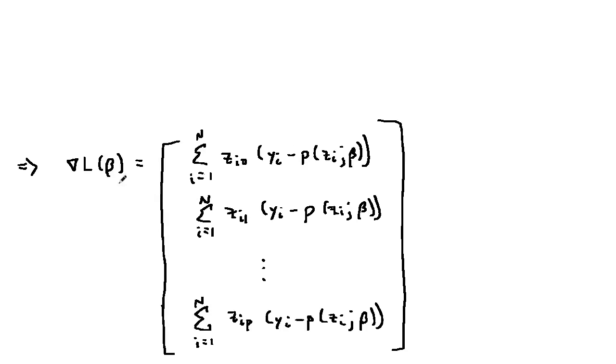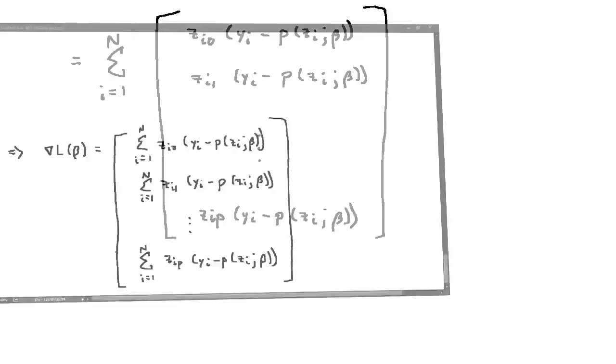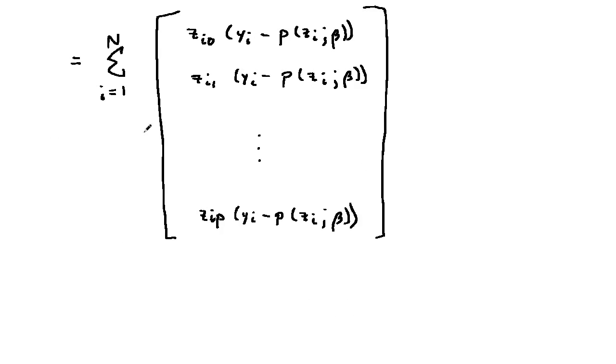Okay, so the gradient of L is given by this vector. We have the partial derivative of L with respect to beta 0, here the partial derivative of L with respect to beta 1, and so on. Okay, now we can pull out that summation sign, and we have the sum of these vectors here.